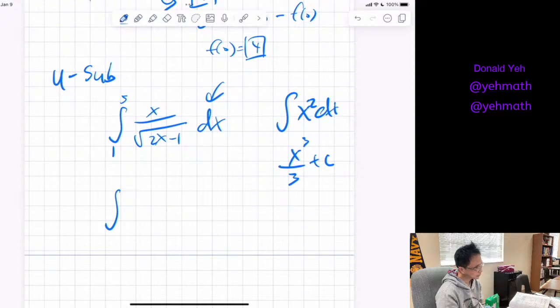It's for sure 3 cubed, get 27 over 3, 9 times 2. Make it bigger, no? Why not 18?